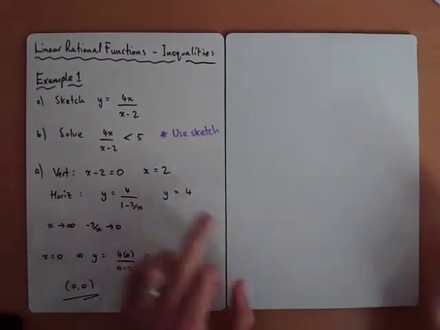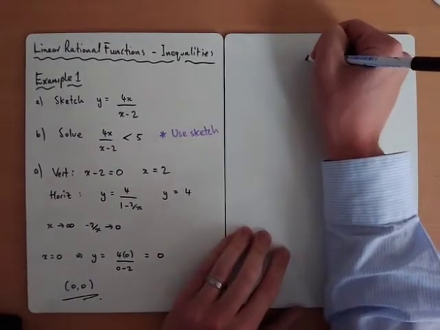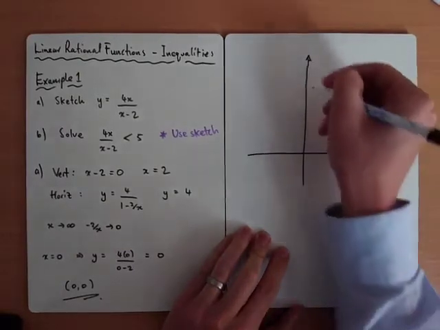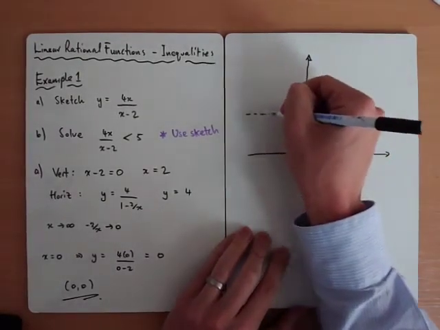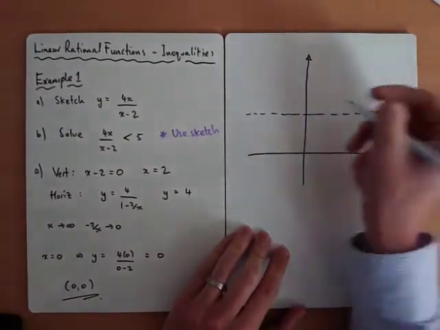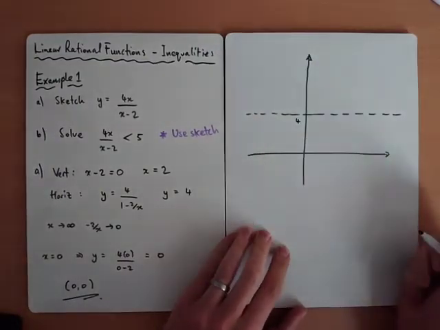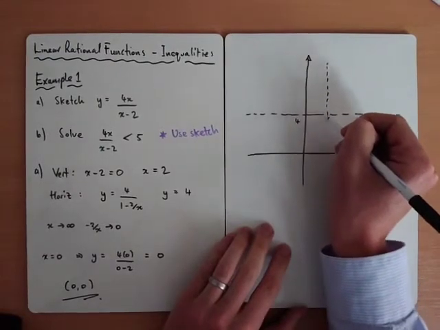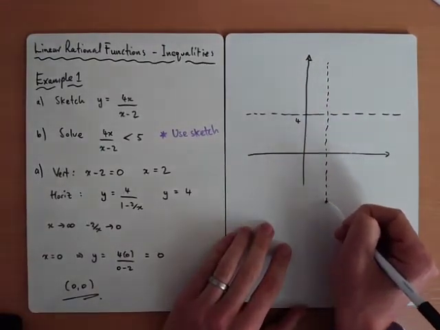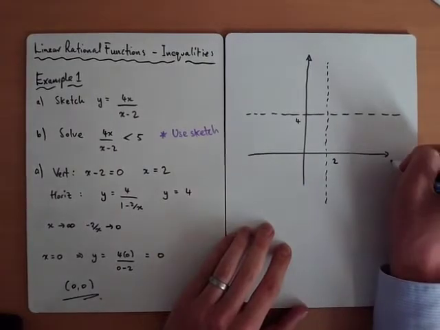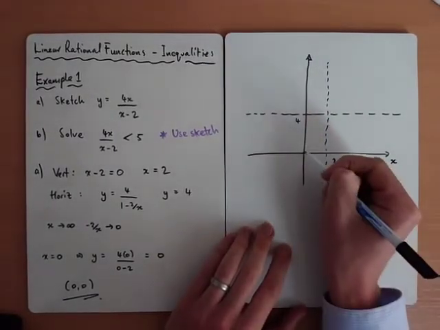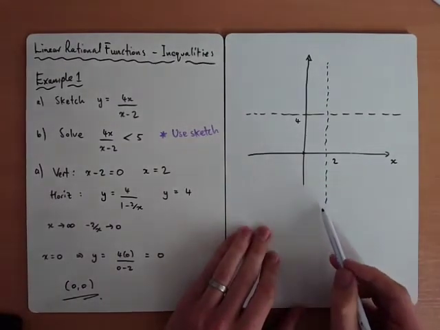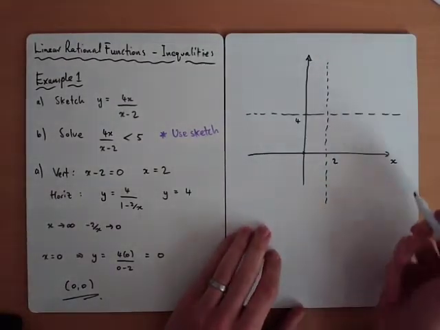But we should have enough information. So we've got y equals 4, x equals 2. Essentially that means I'm going to need enough space up here, so y equals 4 could be up there. X equals 2 could be there. And we know it goes through the origin. So that means it's got to be trapped in between those two asymptotes, and also up there between those two asymptotes.